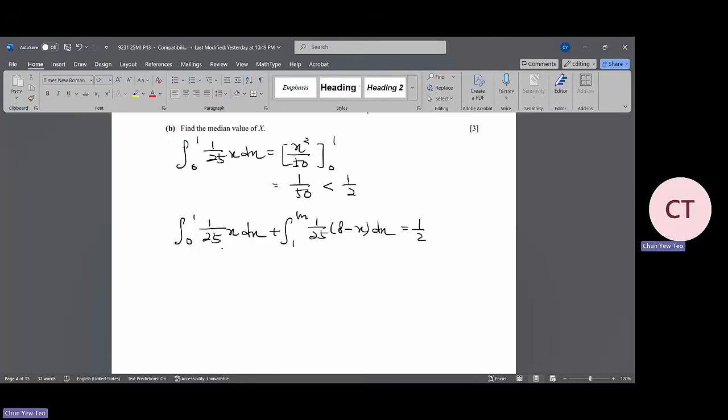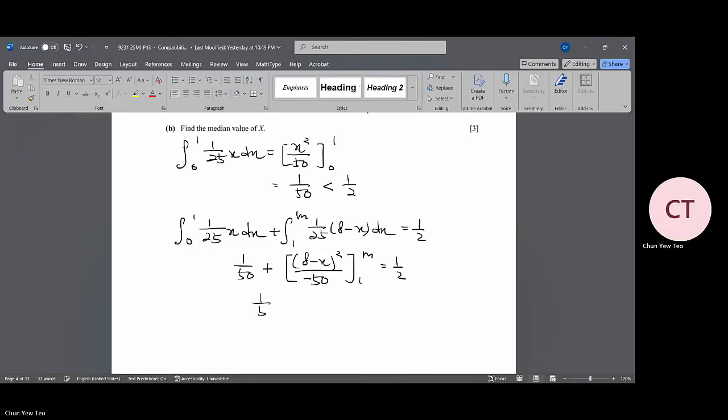We already know that the first part is 1 over 50, and this one we can integrate. You get negative (8 minus x) squared over 50 from 1 until m equal to half.